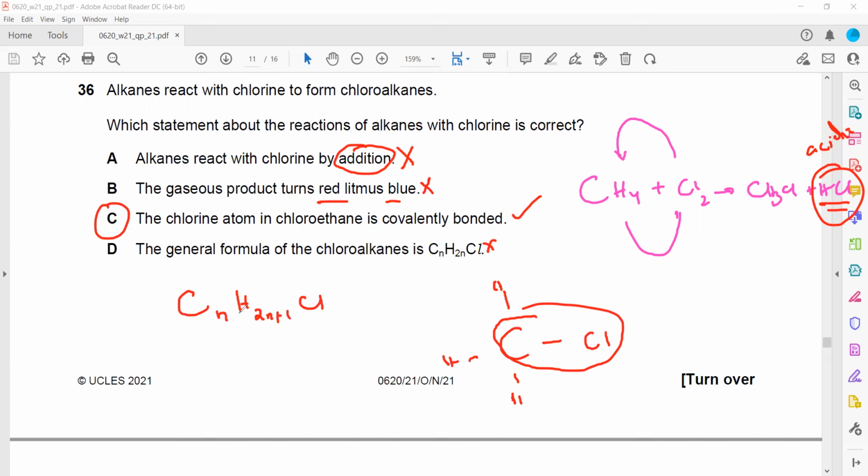The number of hydrogens is twice the number of carbons plus 1. For example, if there was C3, then how many H? 3 multiplied by 2 is 6, plus 1 is 7, so C3H7Cl. If there was C2, then 2 multiplied by 2 is 4, plus 1 is 5, so C2H5Cl.